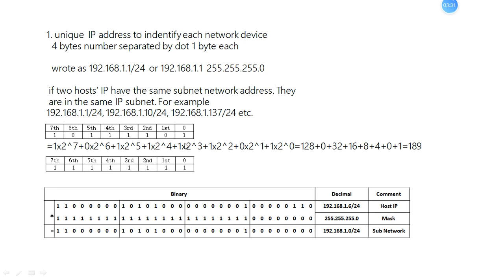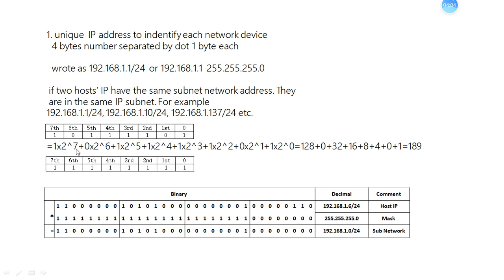Okay, how to convert binary to decimal? That's the way to convert binary to decimal. Okay, for example, you have 8 bits of this, 10111101, right? You calculate it into a decimal number like this way. The 7th bit, 1 times 2 to the power of 7, right?